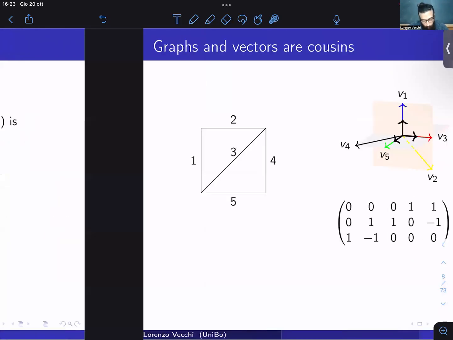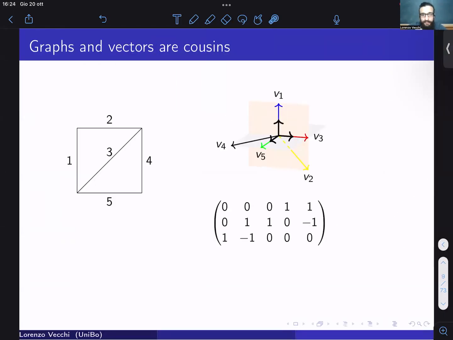And if we look really closely at graphs and vector spaces, we will find out that there are many statements in these 2 seemingly completely unrelated theories that are actually the same statement. So for example, if we work in a finite dimensional vector space, we have a theorem that says that every basis has the same cardinality.